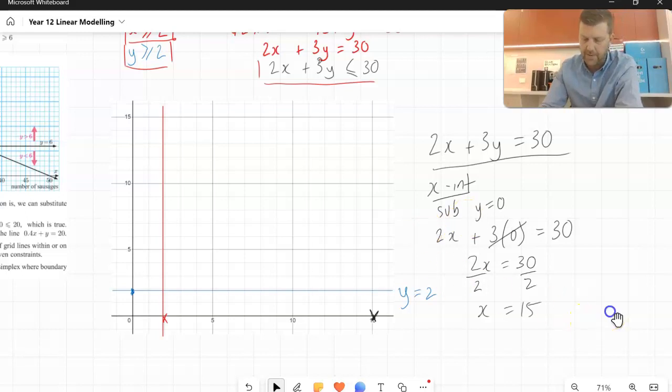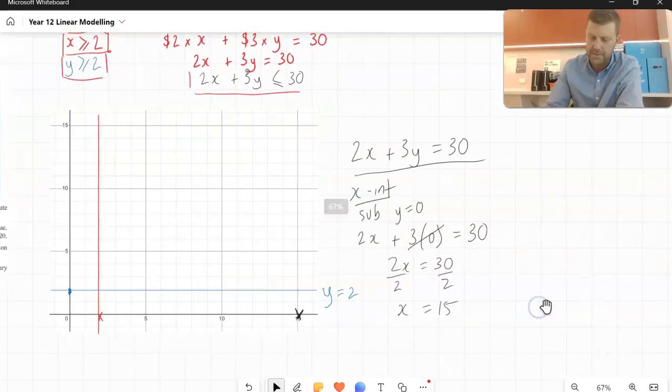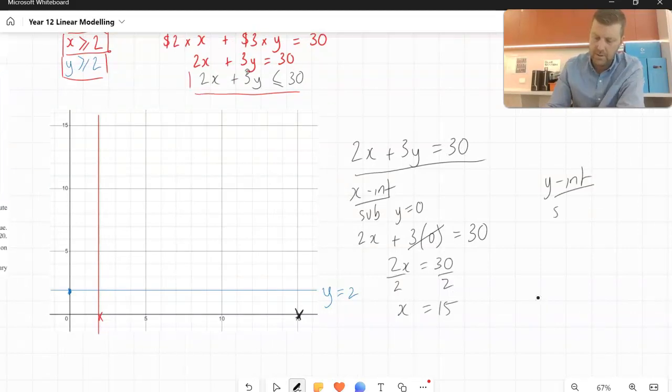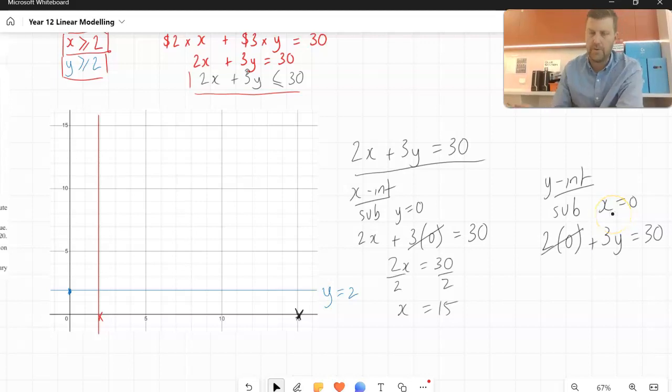And I'm going to do the same to find my y-intercept, but this time I'm going to substitute in x is equal to 0, because at any y-intercept, the value of x will be 0. So 2 times 0 plus 3y is equal to 30. 2 times 0 is just 0, so I'm left with 3y equals 30. To solve, I'm going to divide by 3 on both sides.